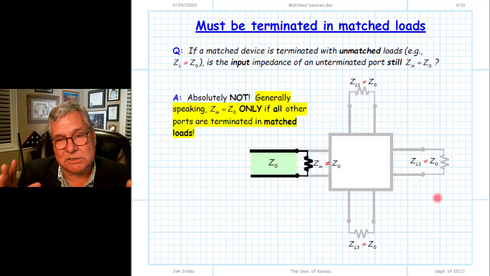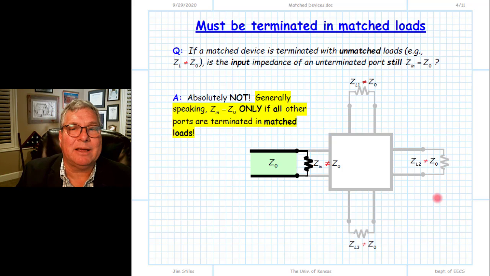The exception, of course, is our special case where we connect a matched source to our transmission line, and the transmission line then transforms that matched source into a new source, which likewise is a matched source whose source impedance is likewise equal to Z0. When our source impedance at one end is equal to Z0, the source impedance at the other end will be equal to Z0, but only for that situation.